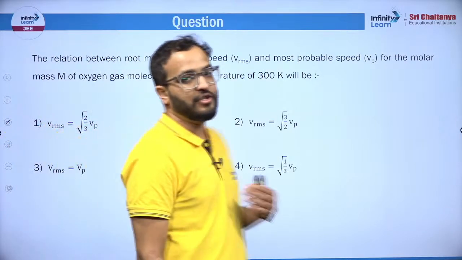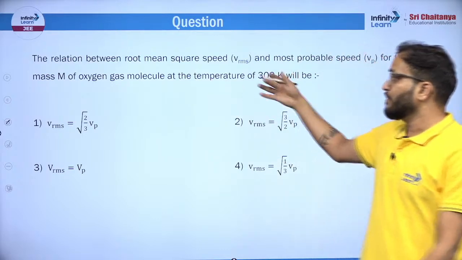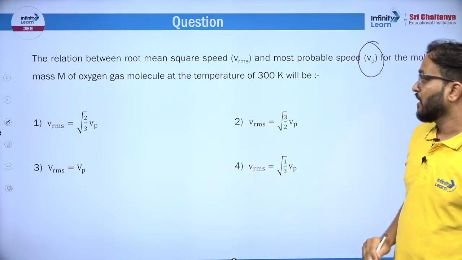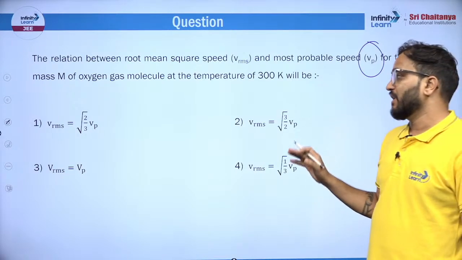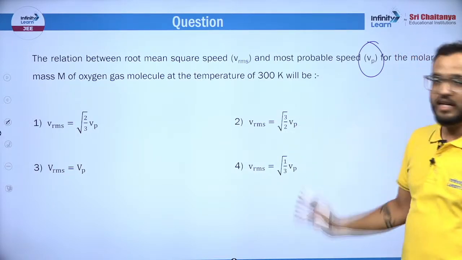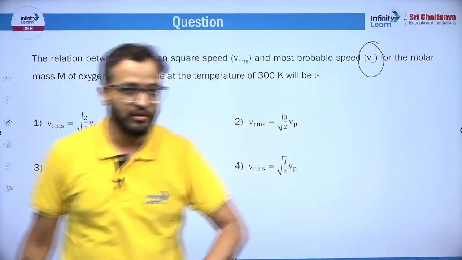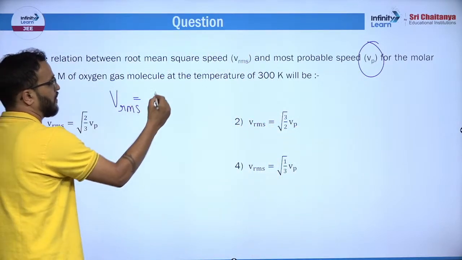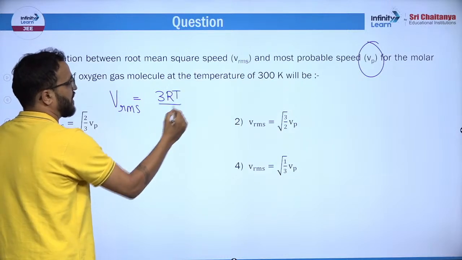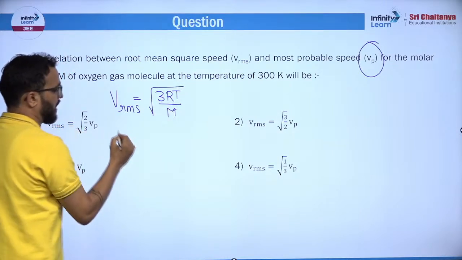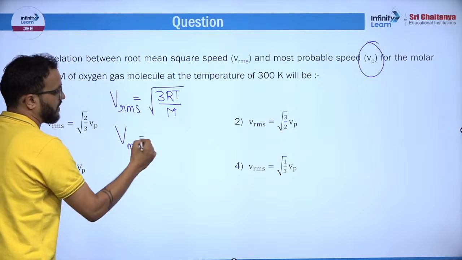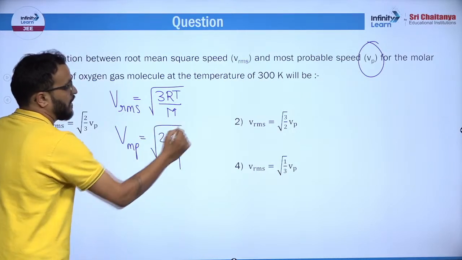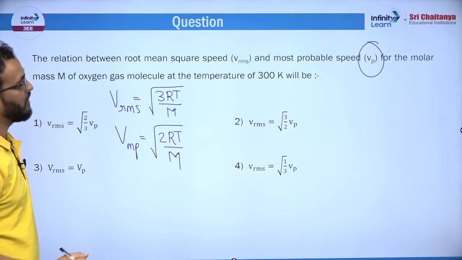Now the relationship between root mean square speed, that is Vrms, and the most probable speed Vp for the molar mass capital M of oxygen gas molecule at temperature of 300 Kelvin. The temperature doesn't matter, because the formula for RMS speed is root over 3RT by M, and for most probable speed it is root over 2RT by M. So you want us to find out the ratio.